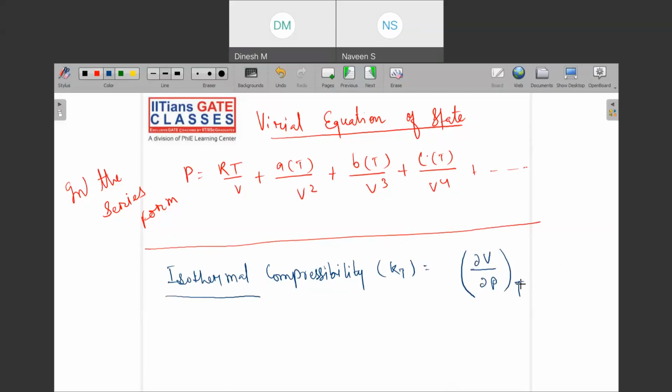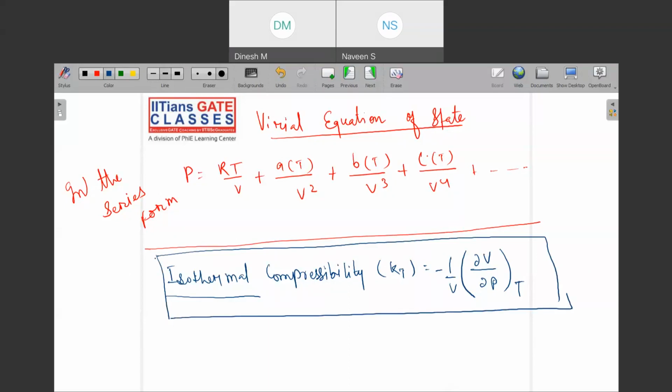So you are handling temperature, and comparing it with the change in pressure. This is equal to minus 1 upon V. This is your isothermal compressibility, Kt, minus 1 upon V times the change in volume upon the change in pressure at constant temperature.